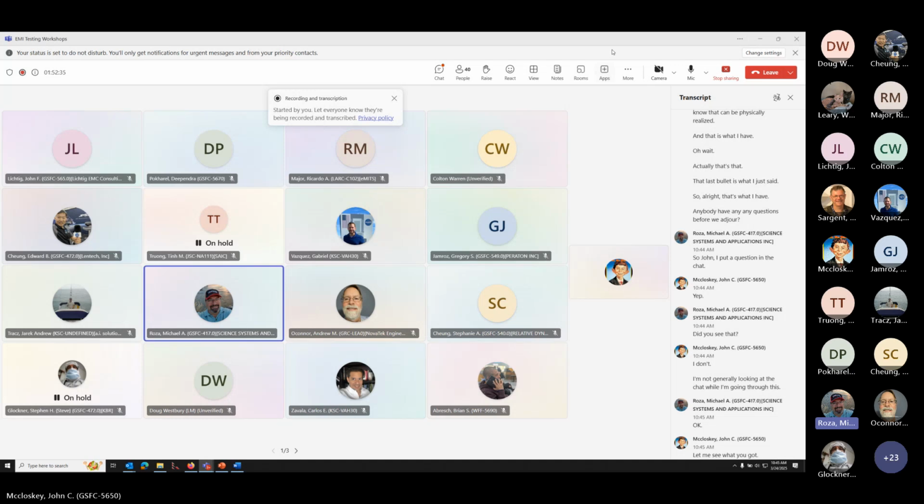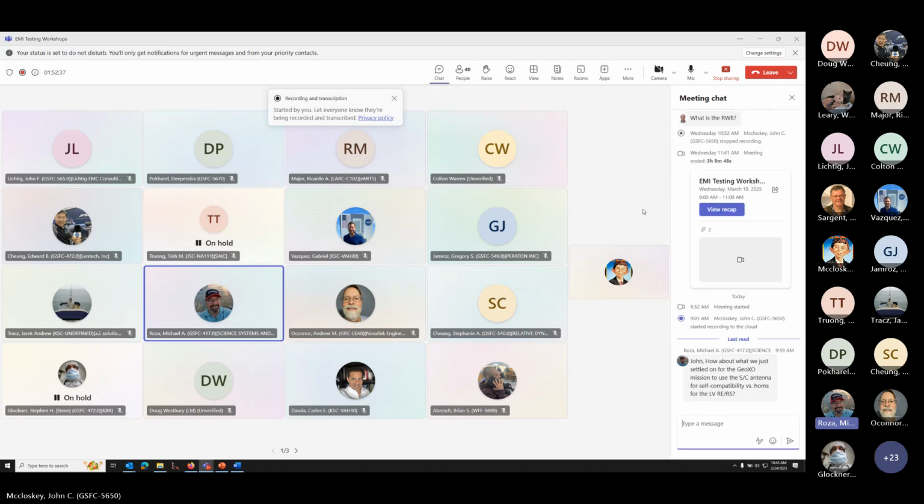So we settled on using the spacecraft antenna for self-compatibility to look at the notch versus using the horn, which we're going to use for the launch vehicle, radiated emissions, and radiated susceptibility. So that goes to when you were talking about the circular polarized antenna. And I believe that the antennas on that platform are circularly polarized, right?